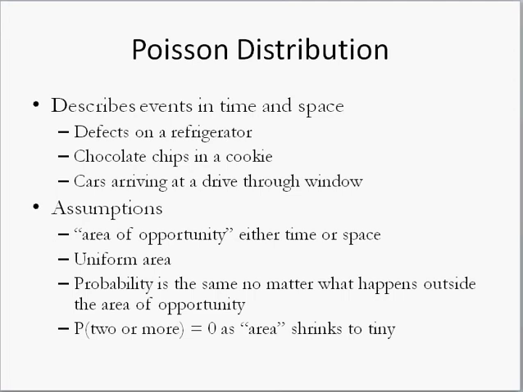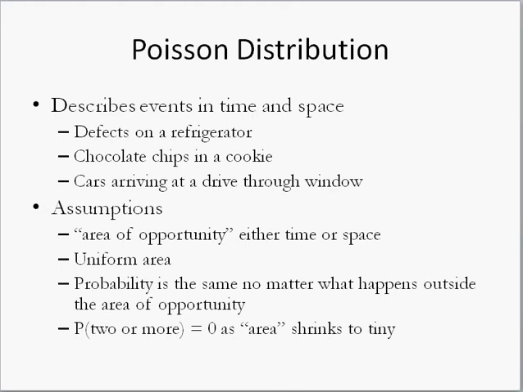Poisson describes events in time and space, and that means that there's an area of opportunity for things to happen. So a lunch hour, for example, that's a 60-minute opportunity for people to show up and get lunch. And it's not really a series of yes or no questions, but really asking for the number of times a particular thing happened in the area of opportunity.